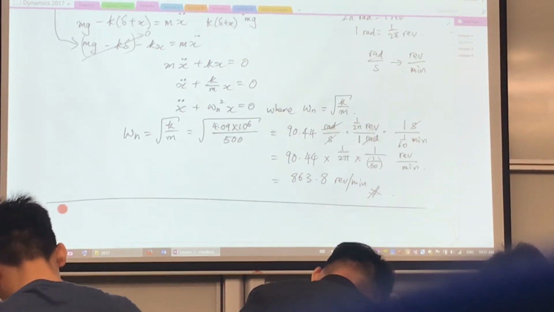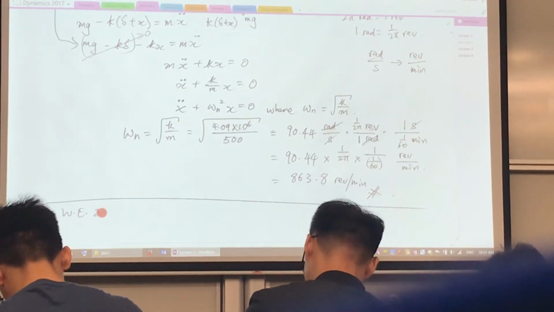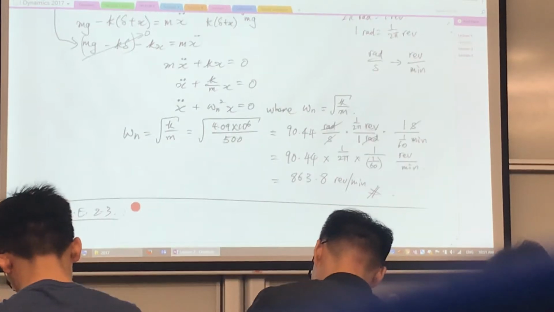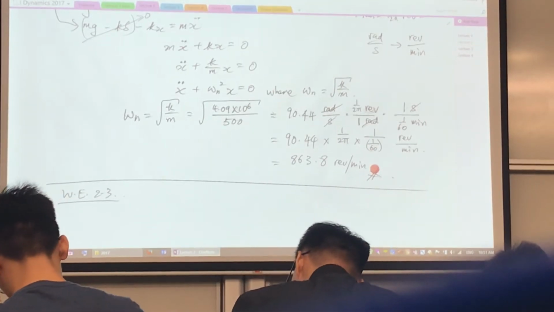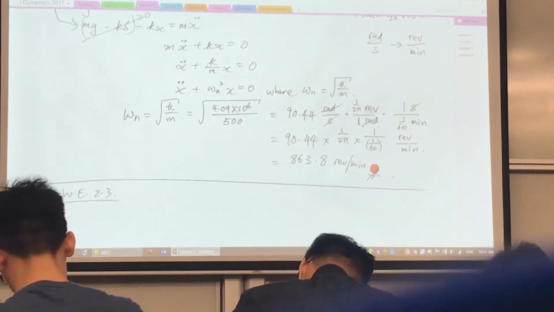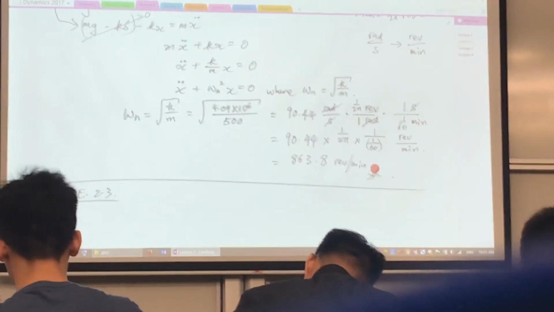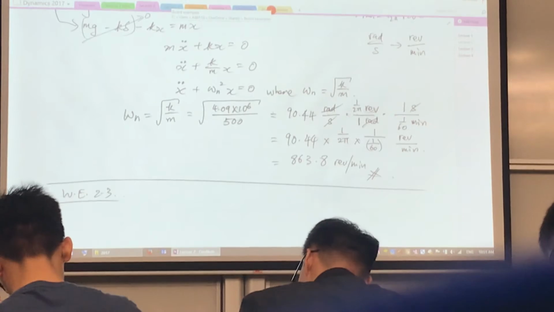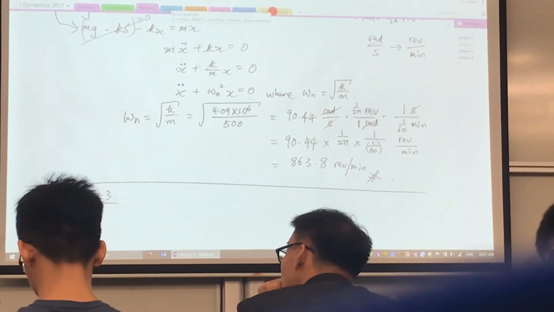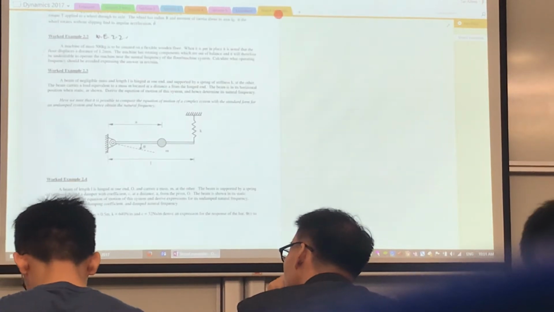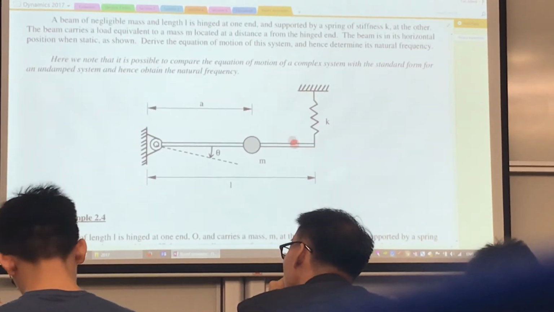Let's have a look at your work example 2.3. And there's actually a figure provided in work example 2.3. So what I'm going to do is to sketch that figure. If you didn't bring or if you didn't print, then that figure is this. Here's a figure.